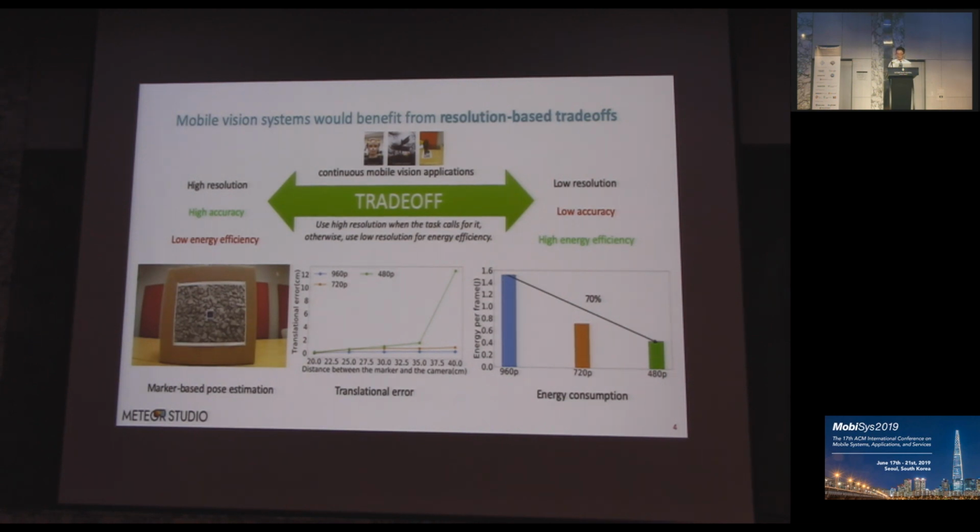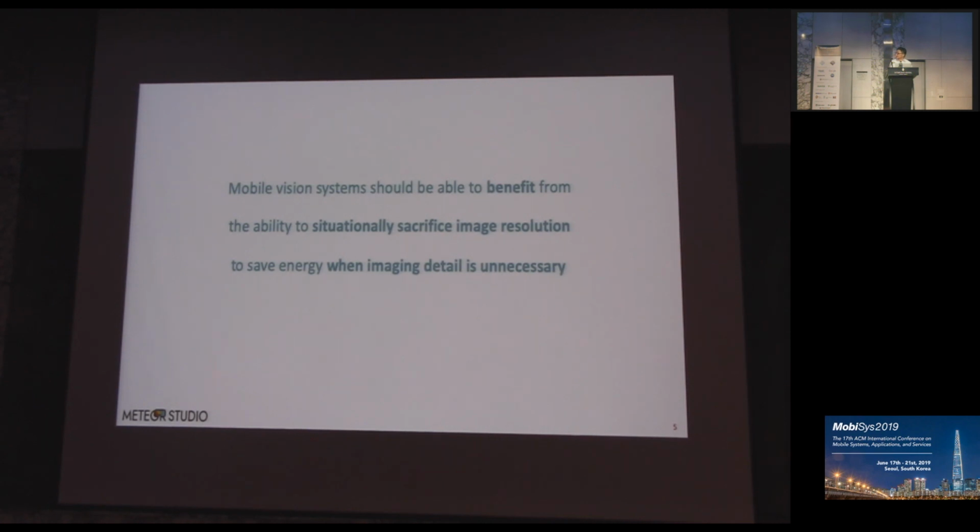If the camera is really close to the marker, and we can reconfigure the sensor from 960p to 480p, the task accuracy can be maintained with 70% less energy consumption. So we advocate that mobile vision systems should be able to situationally sacrifice image resolution to save energy when imaging detail is unnecessary.